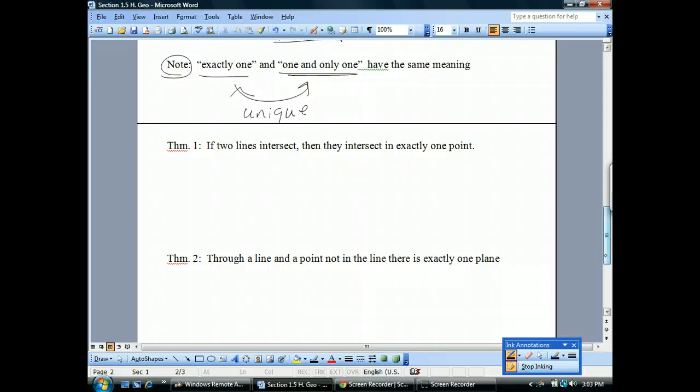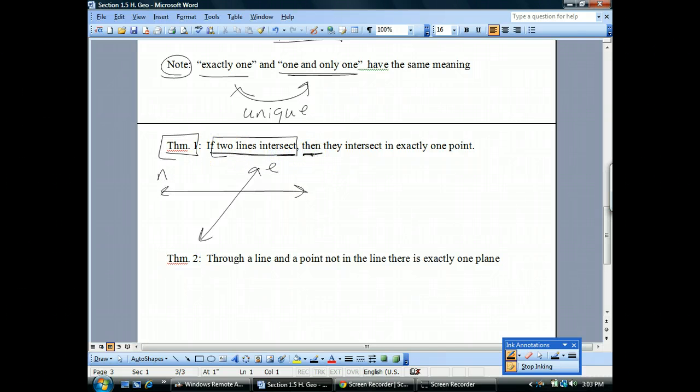Okay? And then that brings us to our very first theorem. And again, I want to remind you, I do not want you to memorize theorem 1. I want you to memorize what it says. It says if 2 lines intersect, so this is the condition. If this happens, so if you have that condition, so 2 lines intersect, here's line L, and here's line N. Those are 2 lines that intersect, so this condition is met.